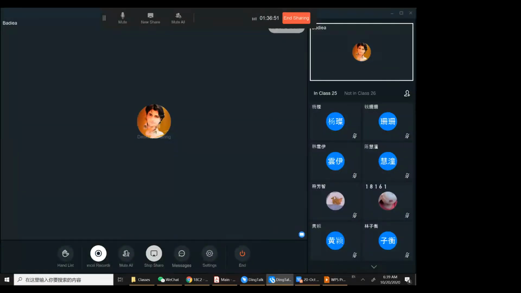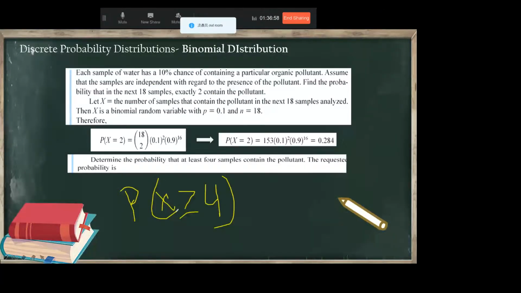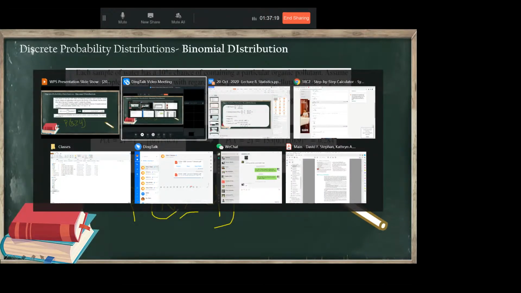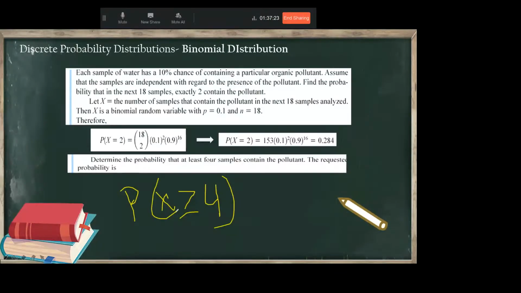One way is you can calculate the probability of X equals 5, 6, 7, 8 and so on separately, and then add it up. But there is another way that's simpler. You already know about this. What's the other way? Haotian, can you tell me?